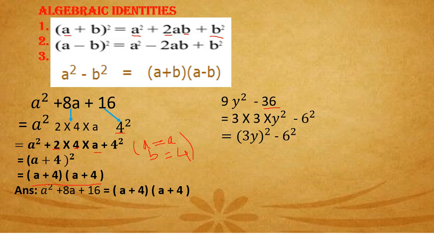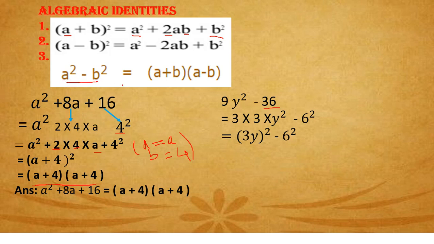So we can write 3y whole square minus 6 square. Now when we compare with this, we get here the identity, which one is? The third, a square minus b square.